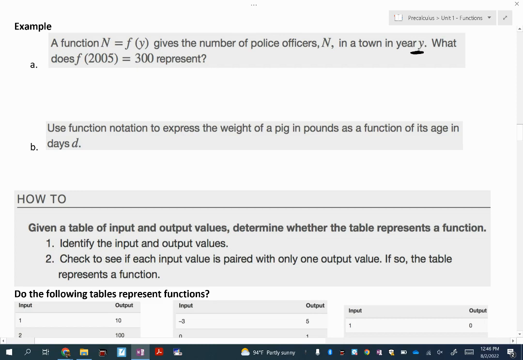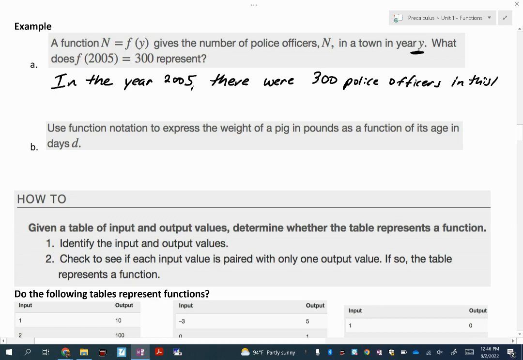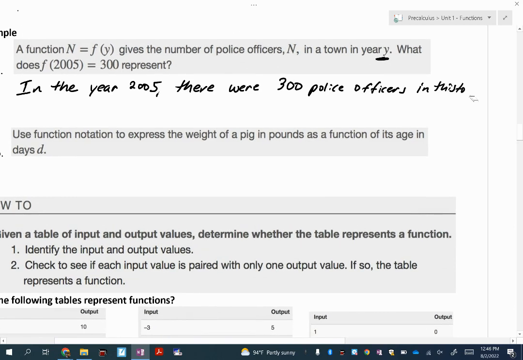So when it says f of 2005, that's saying in the year 2005. And then equals 300 is equal to my capital letter N, which is the number of police officers. So in the year 2005, there were 300 police officers in this town, whatever this town or wherever it might be.